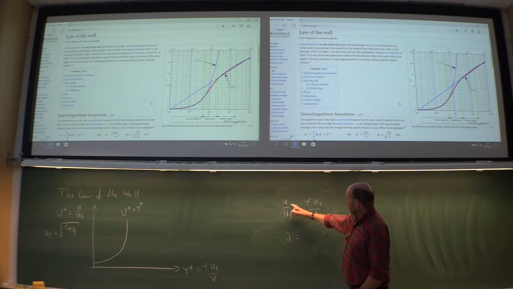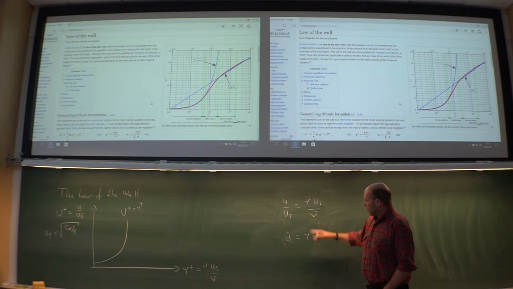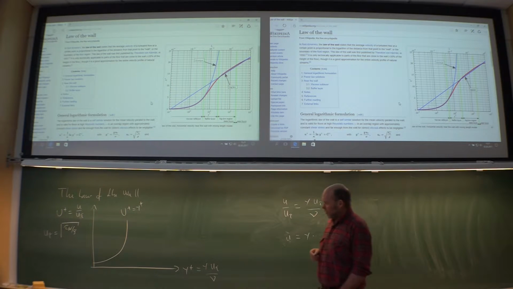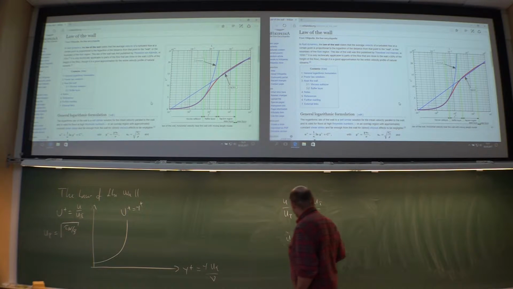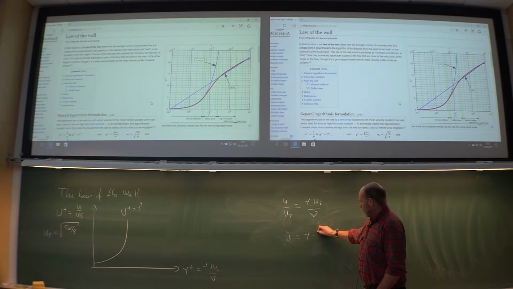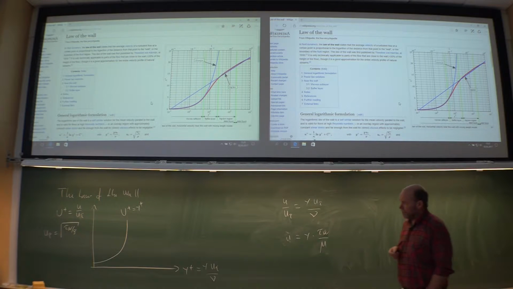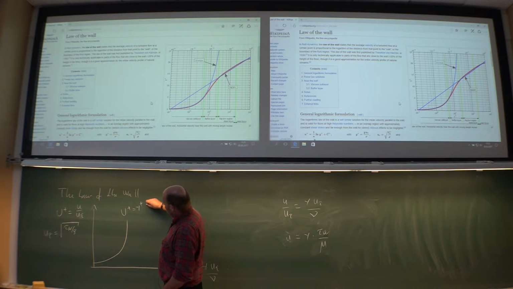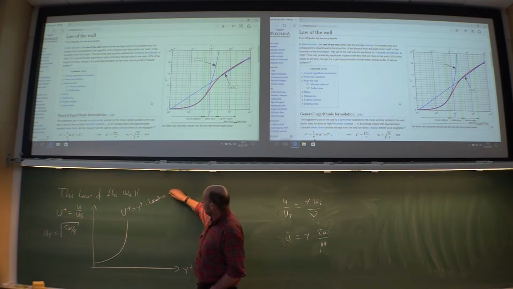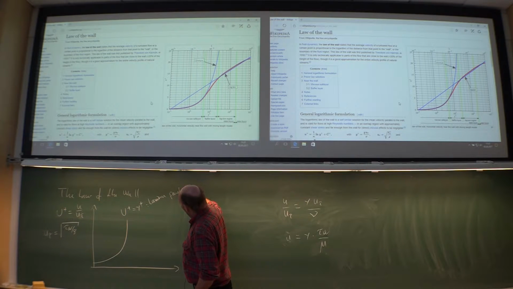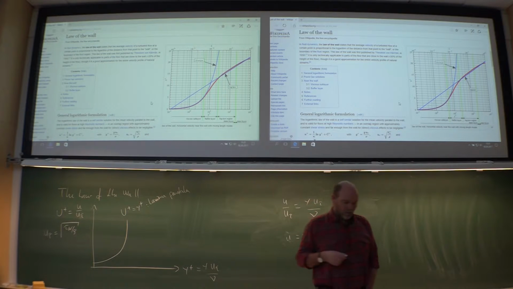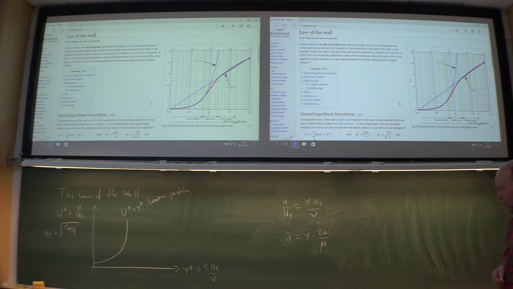The velocity will be equal to Y multiplied by U tau squared, then you get the wall shear stress tau, and the dynamic viscosity. If you start inserting numbers, you will see this is the laminar solution. This is the laminar parabola. So the velocity goes as y squared if you start inserting symbols here.